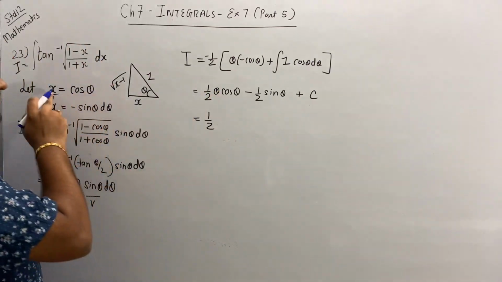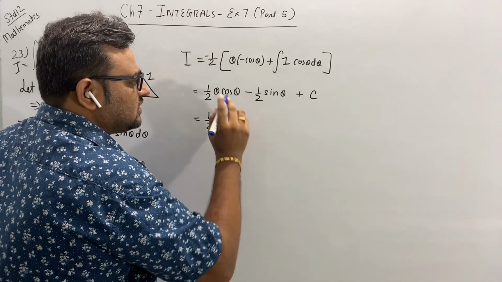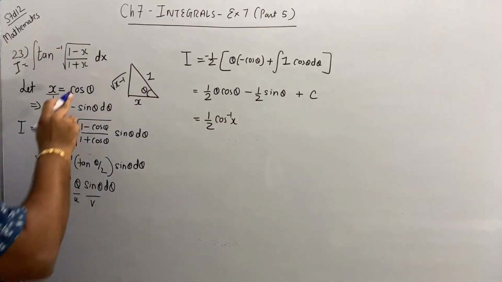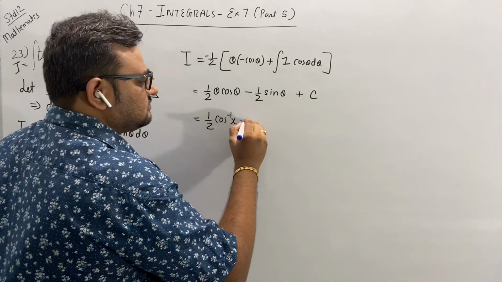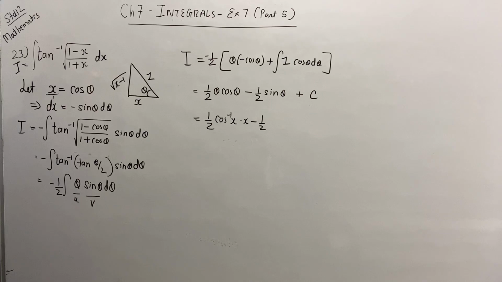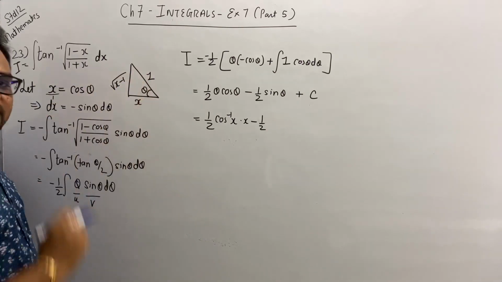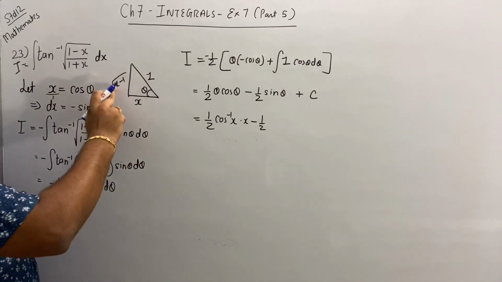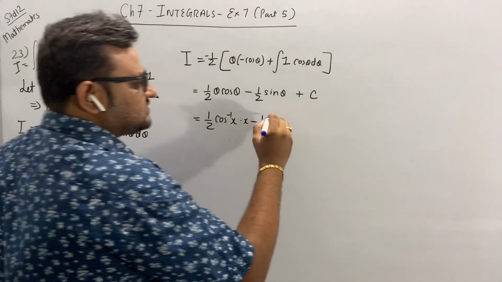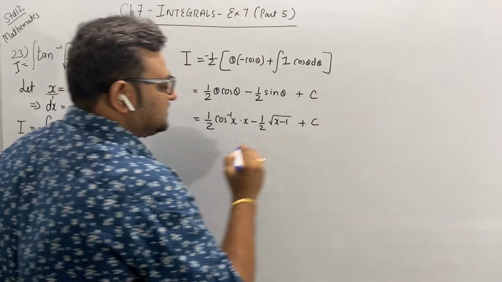Now let's put the value. What is theta? Cos inverse x. What is cos theta? x. Minus 1 by 2, sine theta. What is sine theta? Root of x square minus 1 by 1, opposite upon hypotenuse, plus c.